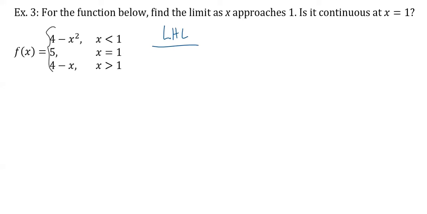So to test the left-hand limit, this is the limit as x approaches 1, because that's what we're asked to do, from the left of f at x. As I'm approaching 1 from the left, what does this function f at x, which is the whole piecewise function, what part does it look like?